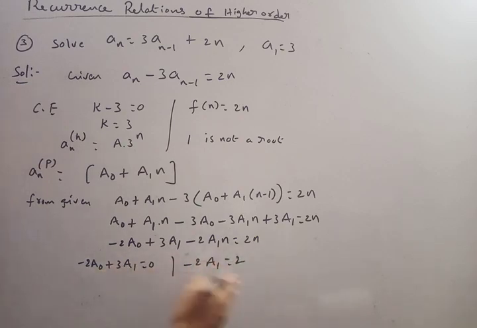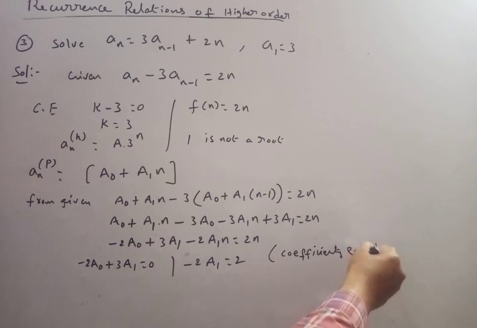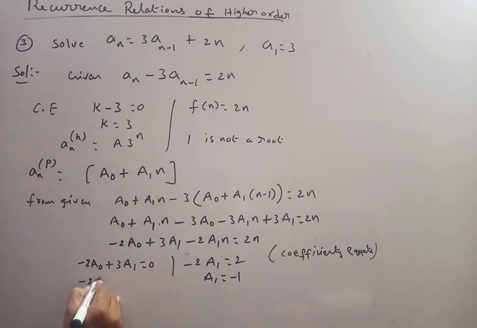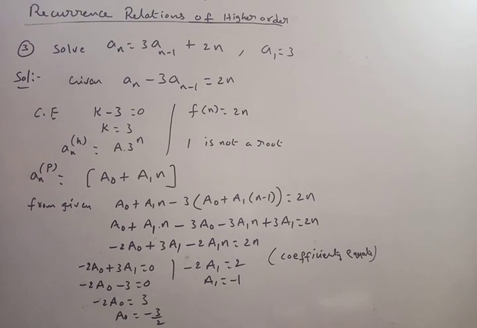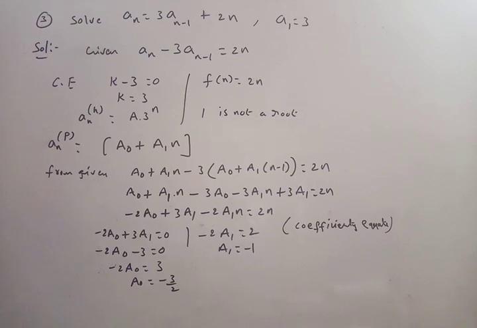I equated the coefficients. So a1 is equal to how much here? Minus 1. If a1 is equal to minus 1, then minus 2 a naught minus 3 is equal to 0, minus 2 a naught is equal to 3, a naught is equal to how much? Minus 3 by 2. So I got the value of a naught and the value of a1.